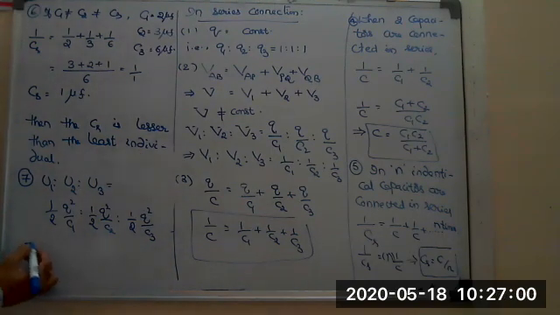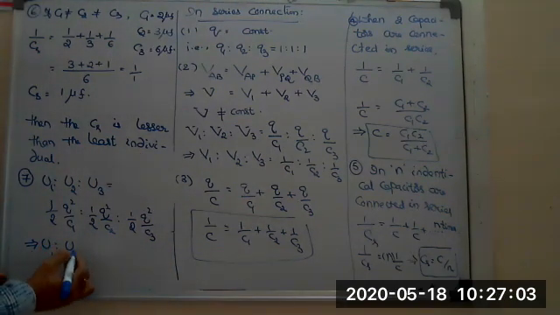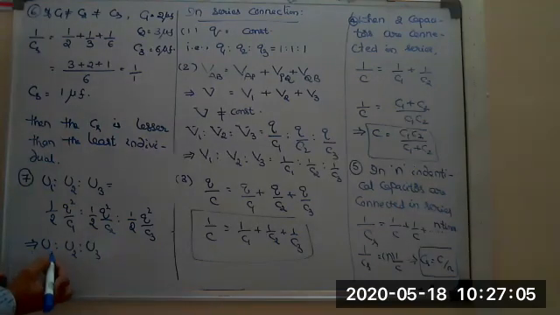No need to write Q1, because Q is constant. I'm getting the same as the potential difference.